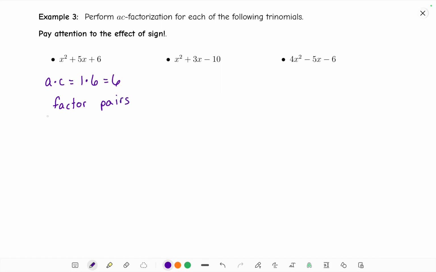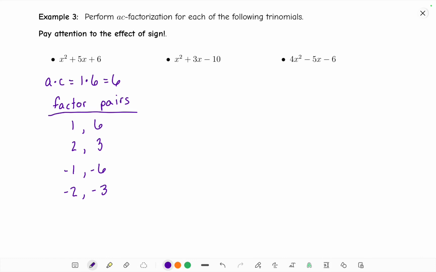So what numbers multiply to 6? Well, 1 times 6 multiplies to 6. 2 times 3 multiplies to 6. But don't forget that negative 1 and negative 6 also multiply to 6. And negative 2 and negative 3 also multiply to 6.